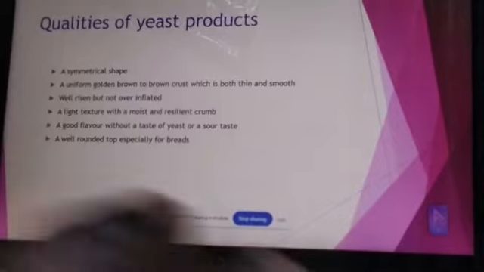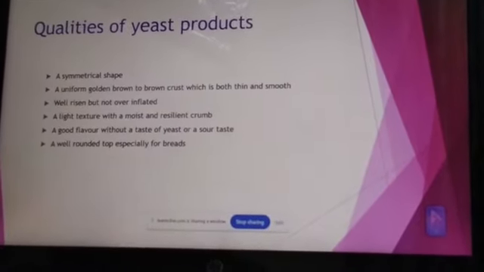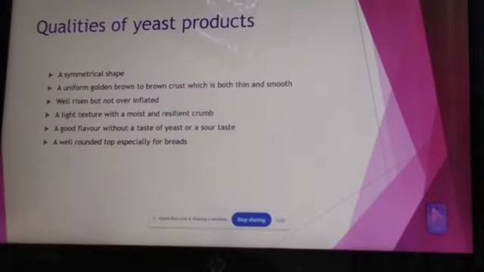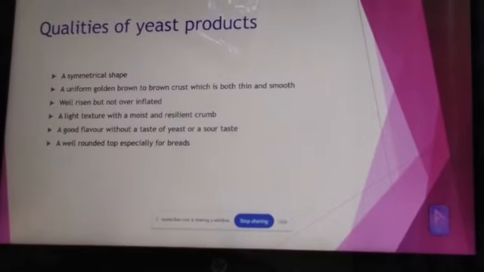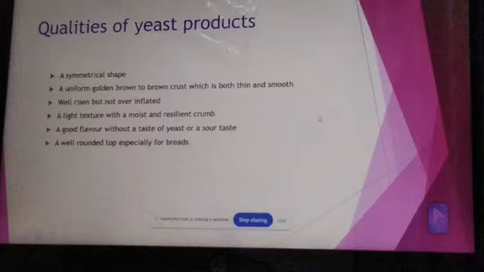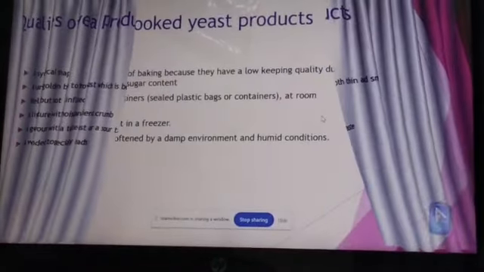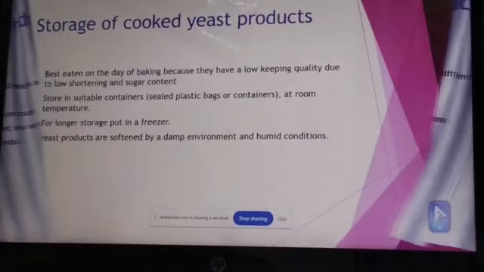The outer part is the crust, the inner part is the crumb of the bread. Then it should have good flavor without a yeasty or sour taste. That is it with the qualities of a good yeast product.